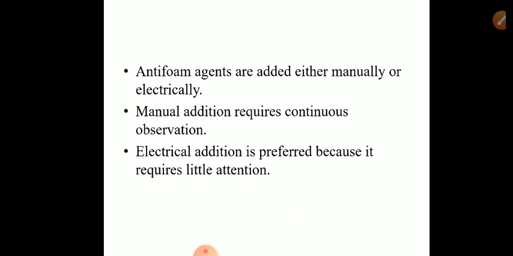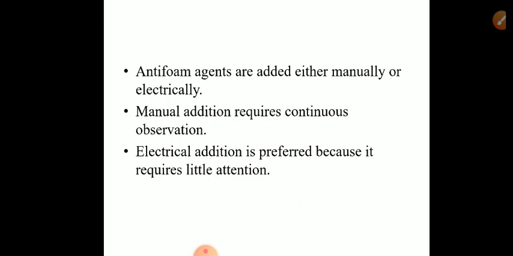Now, how do we add them? They can be added either manually or electrically. Okay. Manual addition requires continuous observation. One person needs to be continuously checking whether foam formation takes place, and if foam formation is there, it is to be added. But we need to carefully and continuously monitor the process.